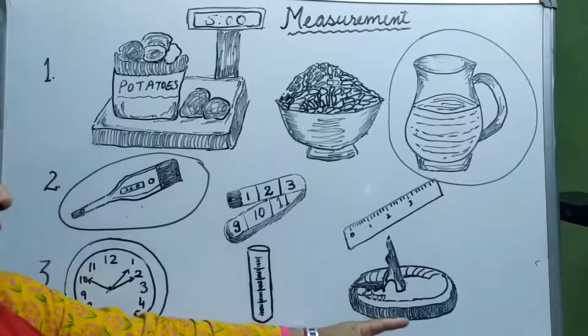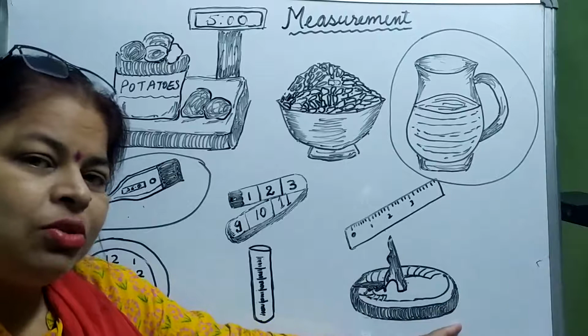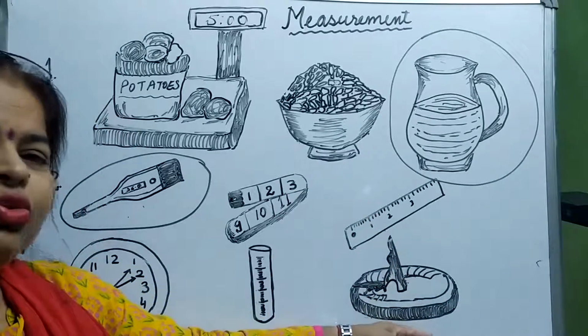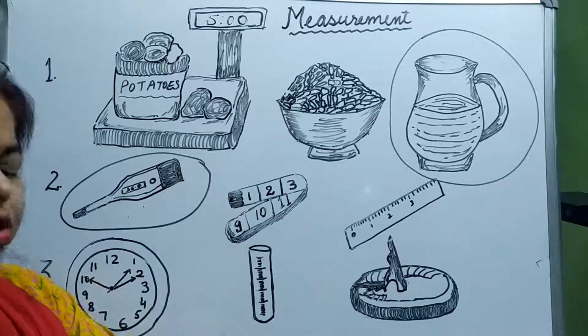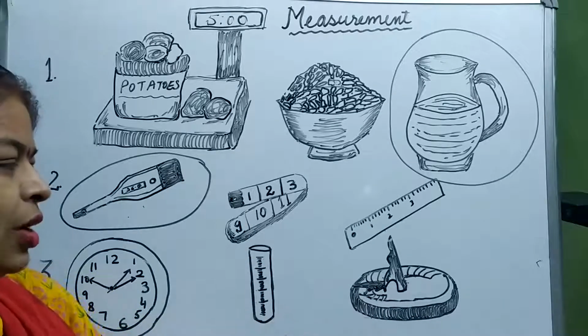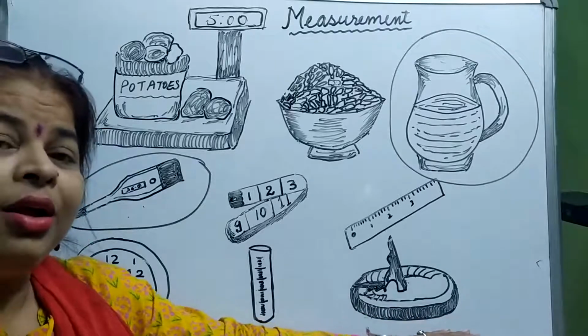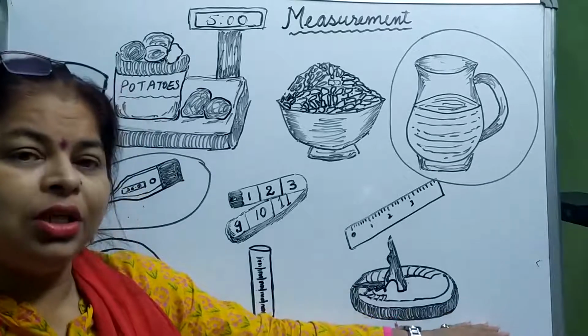Now this is the sundial. For what is the sundial used? In ancient times, when there were no clocks, no digital clocks, no wristwatches, nothing at all, at that time it was being used to find out the time during the day.